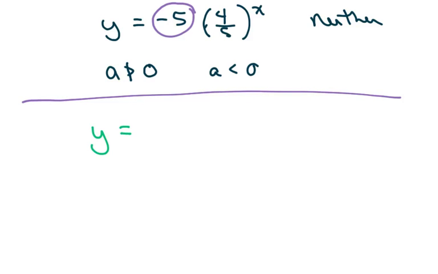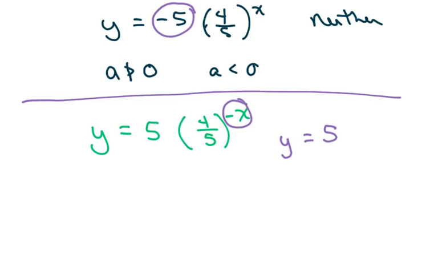What if I had y equals 5 times 4/5 to the negative x? Well, my a is positive, but what we want to do first with this is write this as y equals 5 times 5/4 to the x, because when you do the exponent for 4/5 to the -1, that really is 5/4.